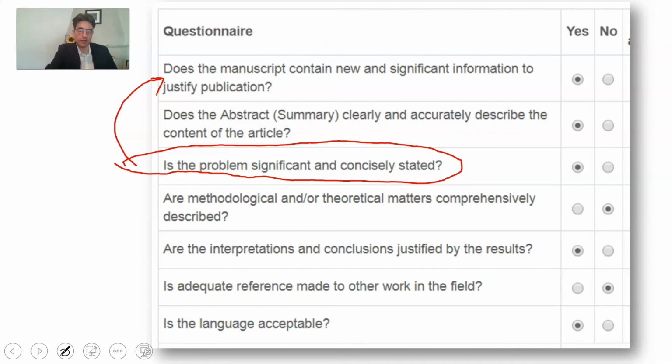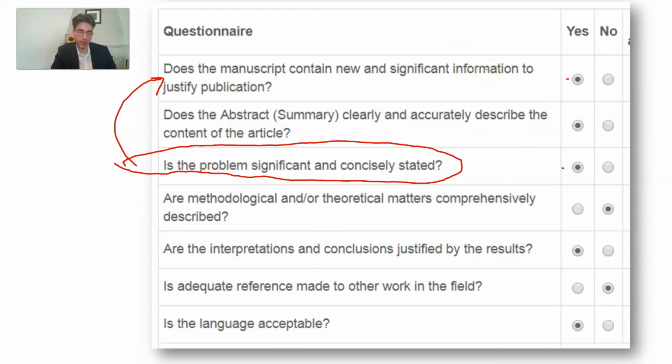And if a reviewer answers no to these two questions, basically it's tantamount to a rejection. A reviewer really needs to answer yes to these two questions. And unfortunately, a lot of authors are not familiar with the importance of answering those two questions, being able to make the answer to those questions very crystal clear.